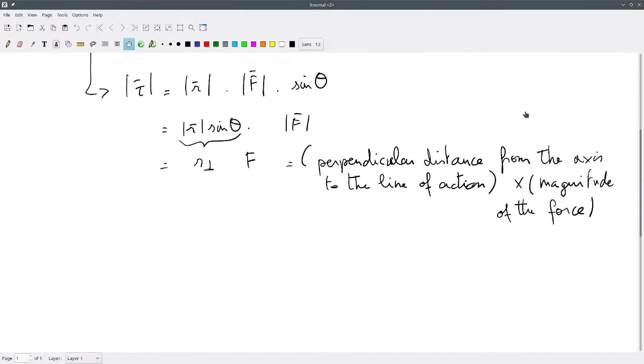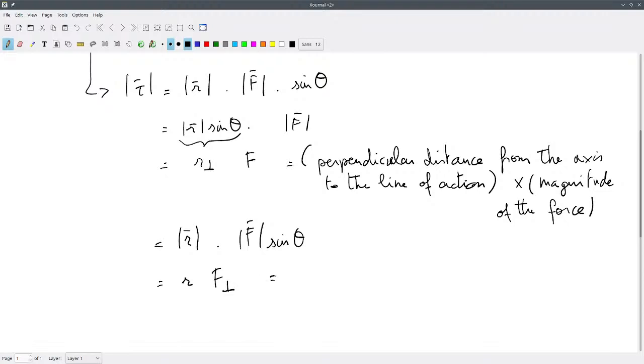We can actually rewrite it another way too. The torque is also r in magnitude times F sine theta. Or in this case, we can write this as r times F perpendicular. So what's F perpendicular?